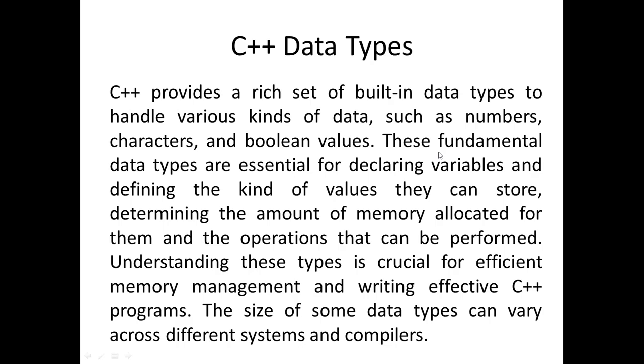So understanding these types is crucial for efficient memory management and writing effective C++ programs. The size of some data types can vary across different systems and compilers. You may be reading books, and one book says this data type has this size of memory, another book will say something different. So the size of these variables of this data type varies depending on the type of system you are working on or the type of compiler you are working with.